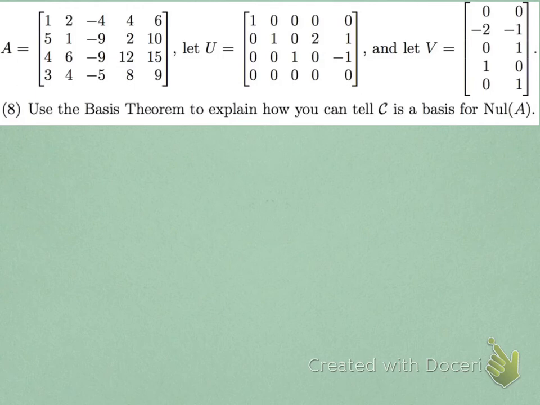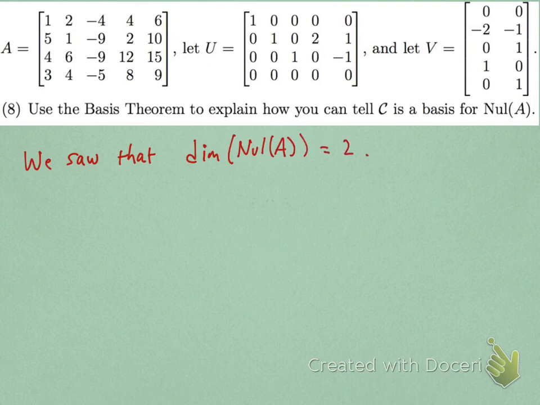Next, let's try to use the basis theorem to explain how we can see that this set C is a basis for the null space of A. Well, earlier we saw that by the Rank-Nullity theorem, the dimension of the null space is 2. And so the basis theorem says if we can find a collection with two vectors in it that are independent, it's automatically a basis, or if it generates, it's automatically a basis.